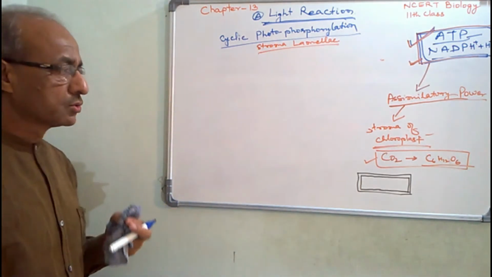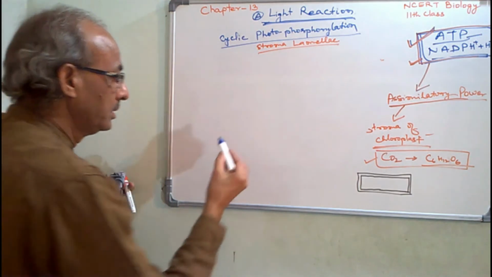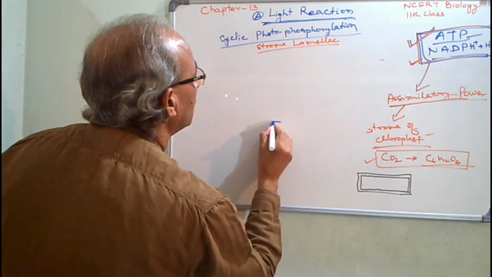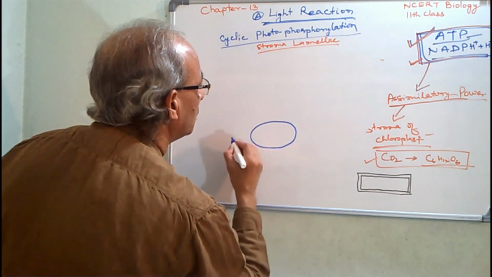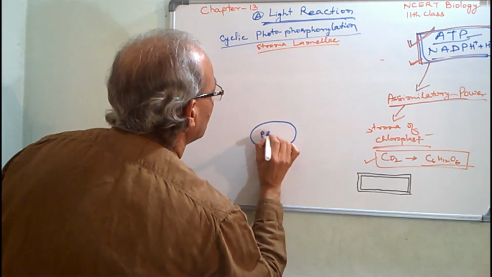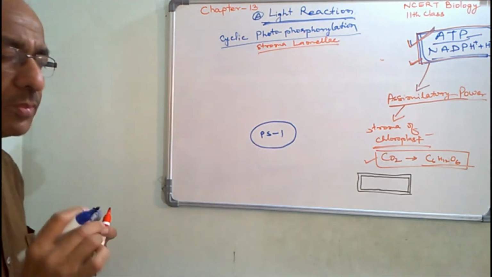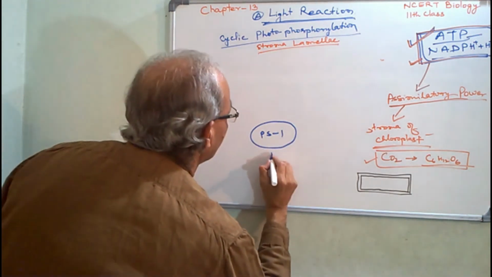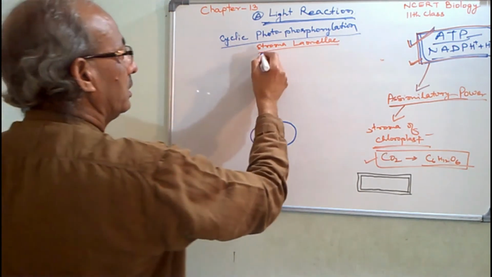We know the stroma lamellae. In this case, only photosystem first participates, that means P700 is found on stroma lamellae.